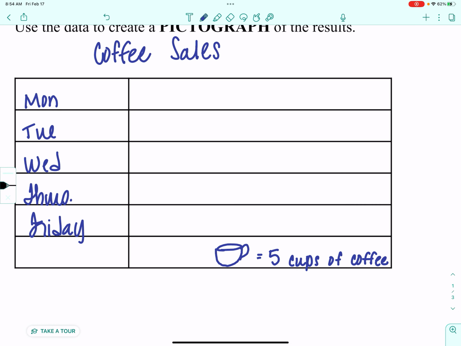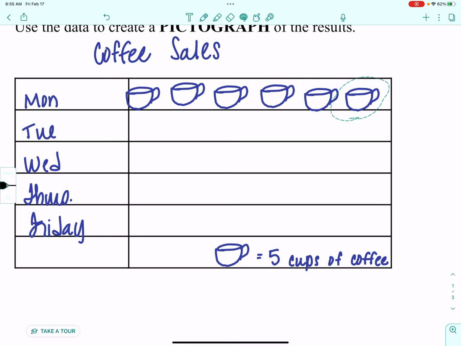So on Monday, he sold 30 cups of coffee. Well, I don't need 30 of these guys. 5, 10, 15, 20, 25, 30. So there's my 30 coffee cups for Monday.